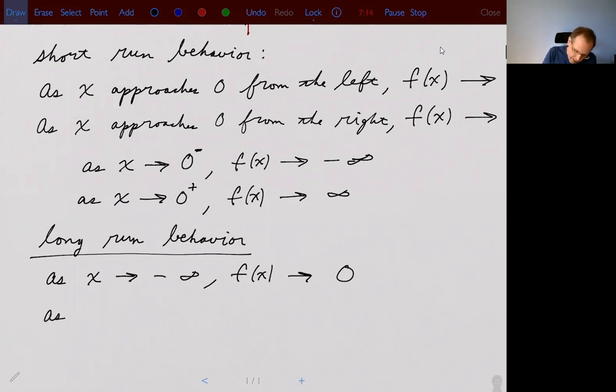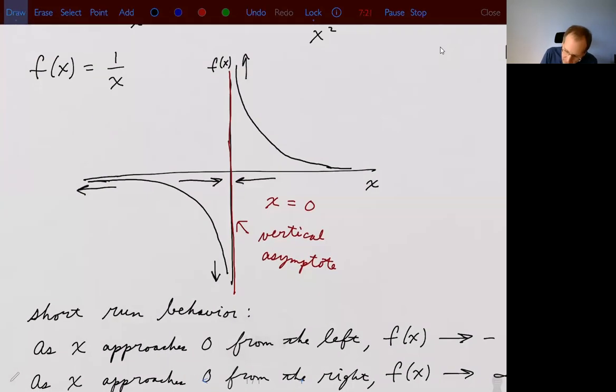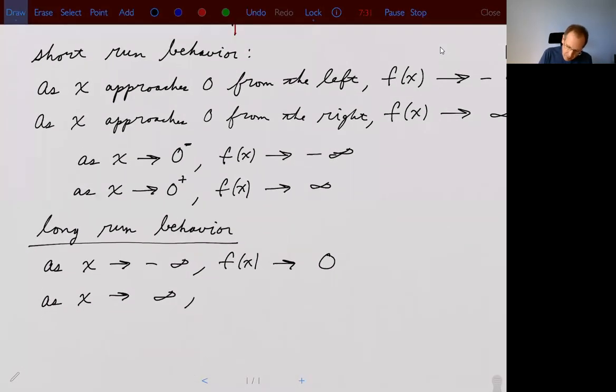And then as x approaches positive infinity, now we look over here, as the input gets larger and larger, what's happening to the function? Again, it's approaching 0 from the positive end, but it's still approaching 0. So f of x is also approaching 0.